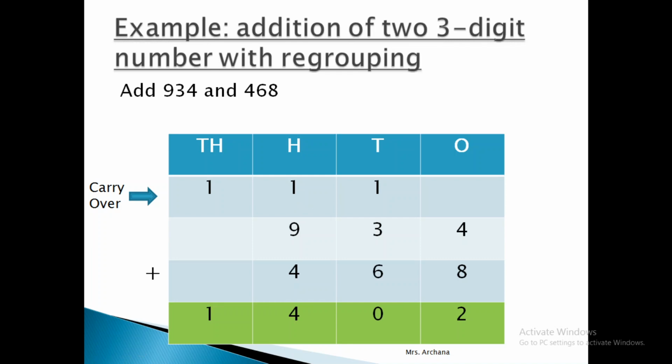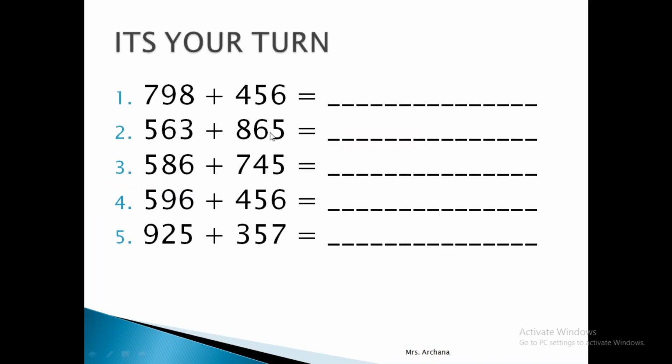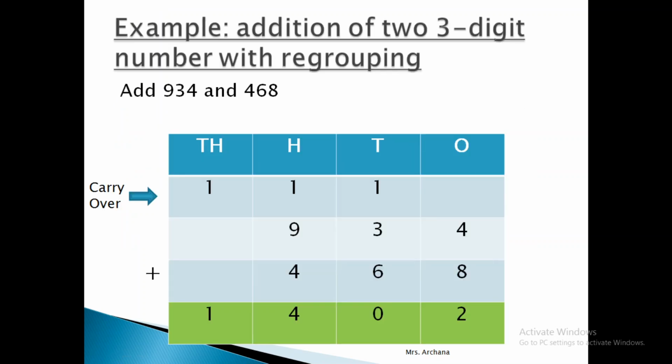In the ones place of 10 there is 0, and in the tens place 1 is there. So you take the 1 to the hundreds place and place the 0 in the tens place. After taking the carryover to the hundreds place, now again you regroup and add.